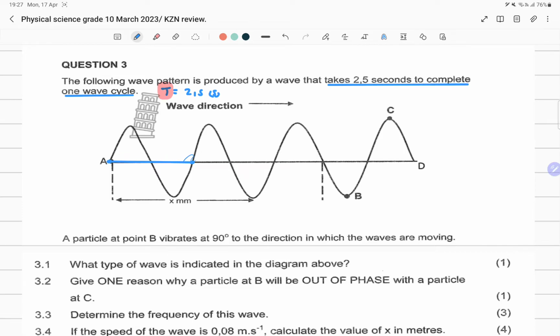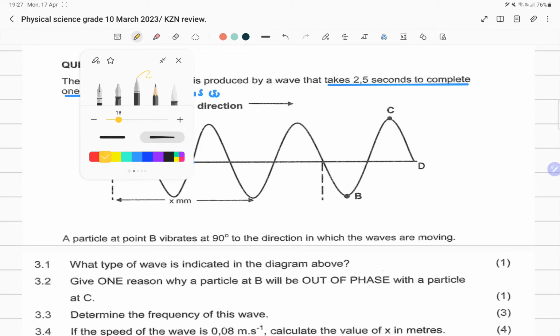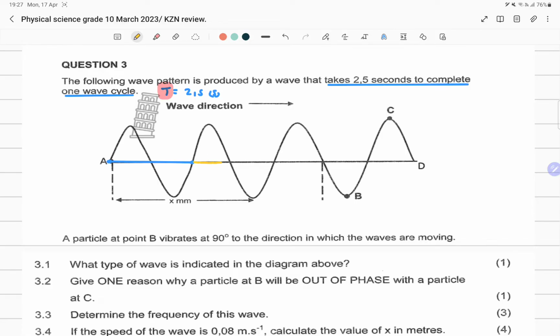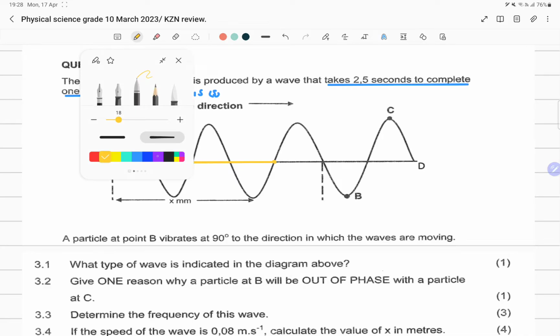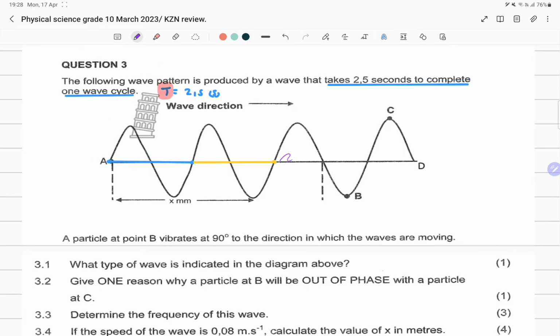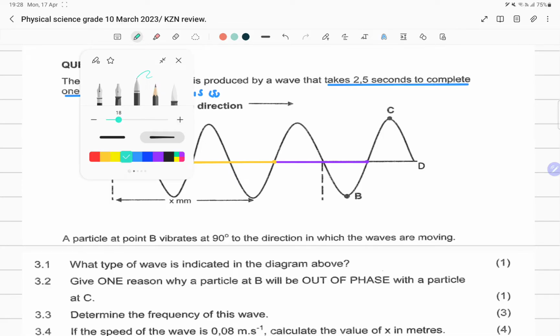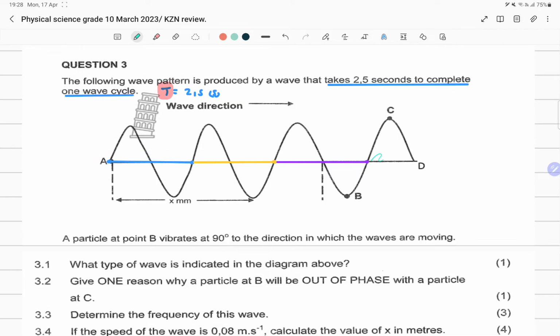So we can see here we've got this wave of ours. It's going and going. How many waves do we have? It's 1. Sometimes it's nice to explore what you've got. We've got another one here. I'm just going to use different colors to play with it. And then we've got another full wave. And then here we've got half. This one is half a wave.